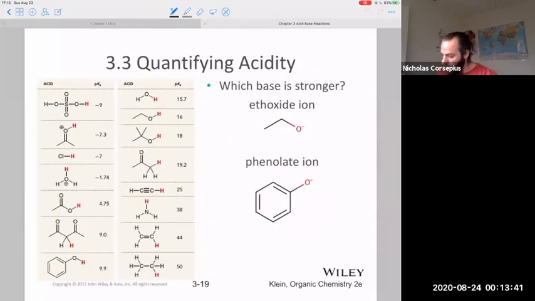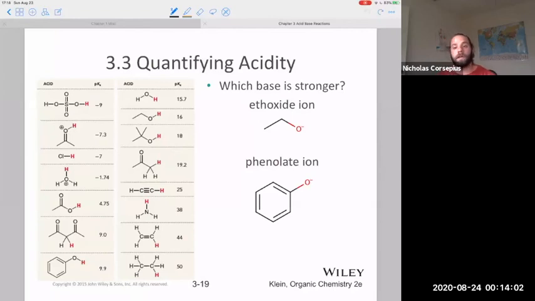So let's look here. I have two different molecules here, and I want to know which one is the stronger base. This guy is what's called an ethoxide ion. It's ethanol, but it's been deprotonated. This is what's called a phenolate ion. Phenol is this alcohol here after it's lost a proton.